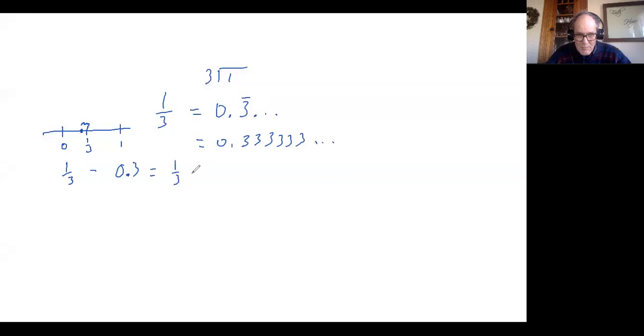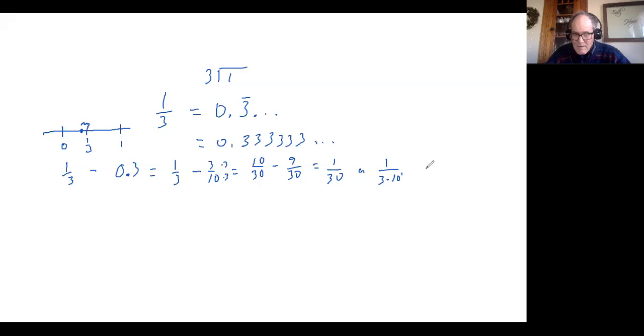So if we change them both to fractions, we get this situation. And then we're going to have a common denominator of 30. And so we'll have 10/30. See, if I cancel the zeros, I'd still have my 1/3. Minus, take 3 times this to get the 30 in the denominator, and I get 9/30. So I get 1/30, or I could rewrite that as 1 over 3 times 10 to the first.